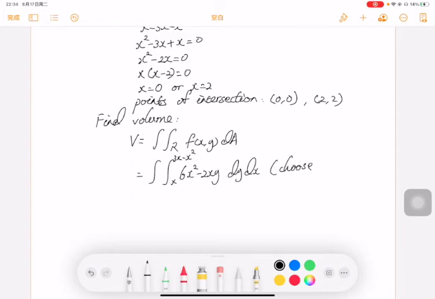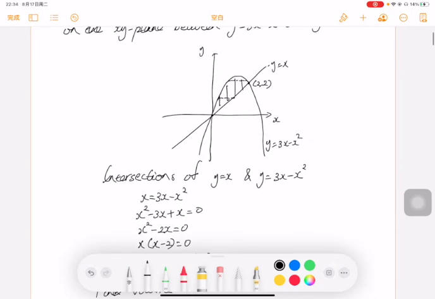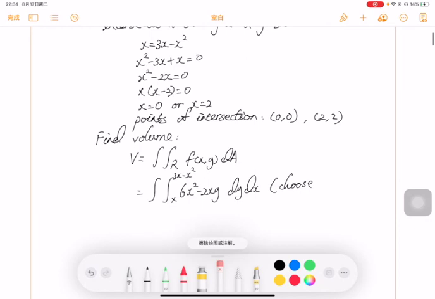Sorry, let me write the boundaries for x first. Now x obviously is going from 0 to 2, so we have 0 to 2, and this is a complete double integral.